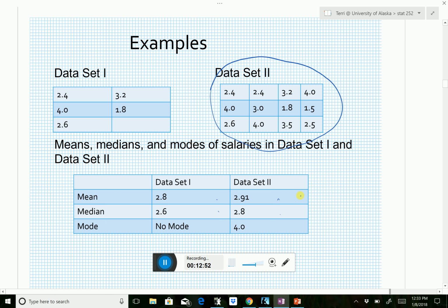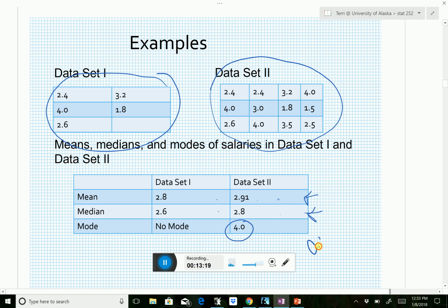Here, this is higher, both mean and median. And it looks like on both data sets, our mean is just a little higher than our median. But what is our mode? In data set 1, we have no mode because nothing appears more than one time. But in data set 2, our mode is 4.0.